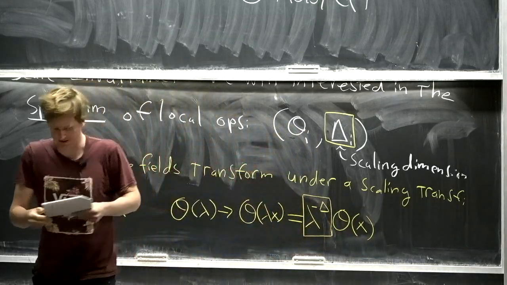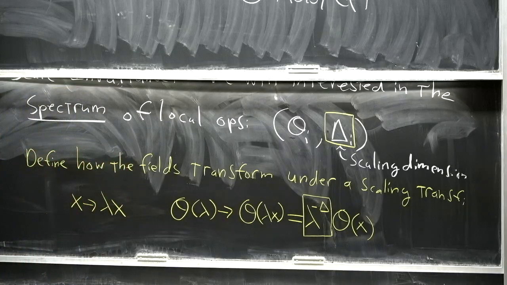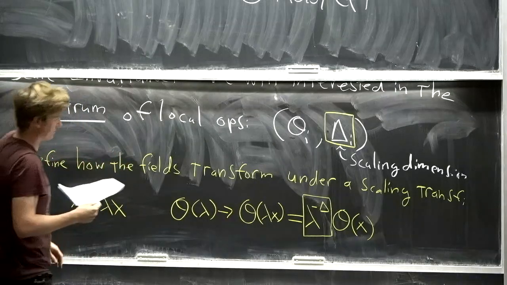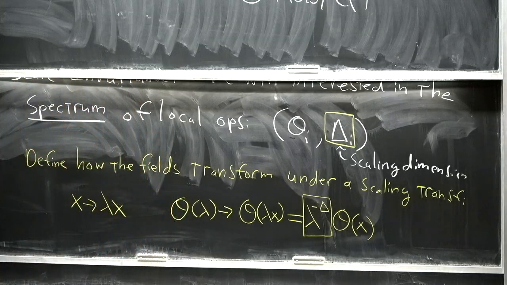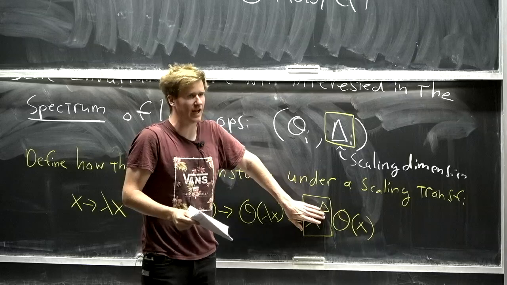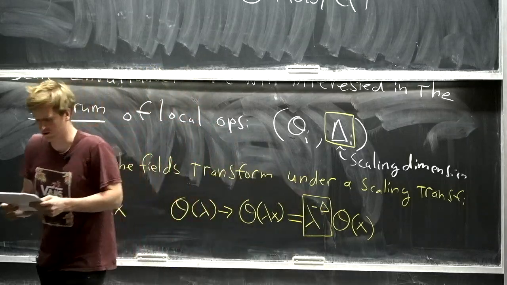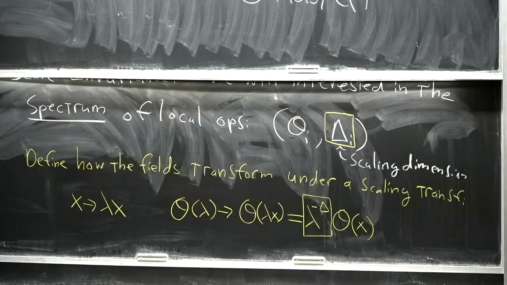This is just a definition of what this delta means. This can be understood as some renormalization group transformation, which leaves the Hamiltonian correlation functions invariant. In a free theory, this is just the mass dimension, but more generally, these don't have to be integers.